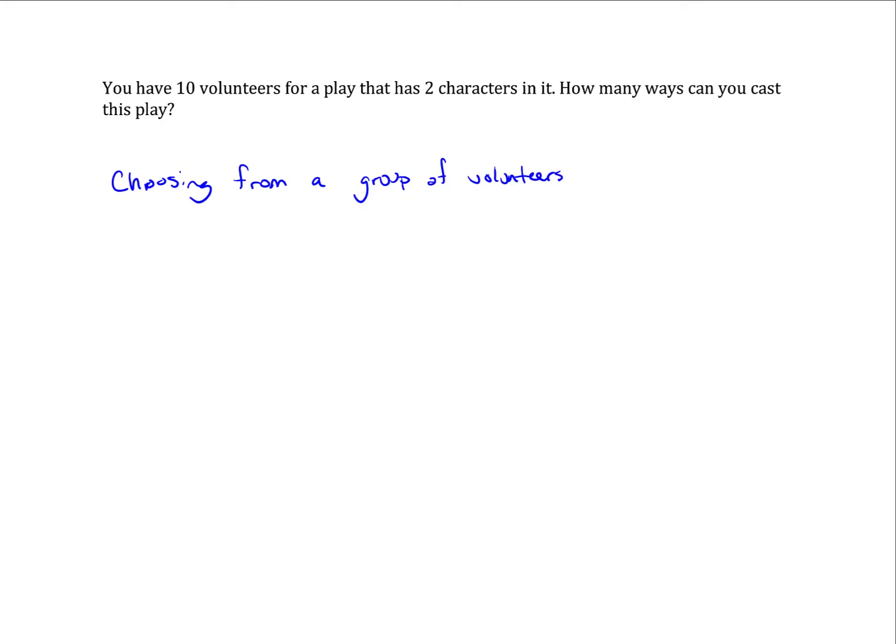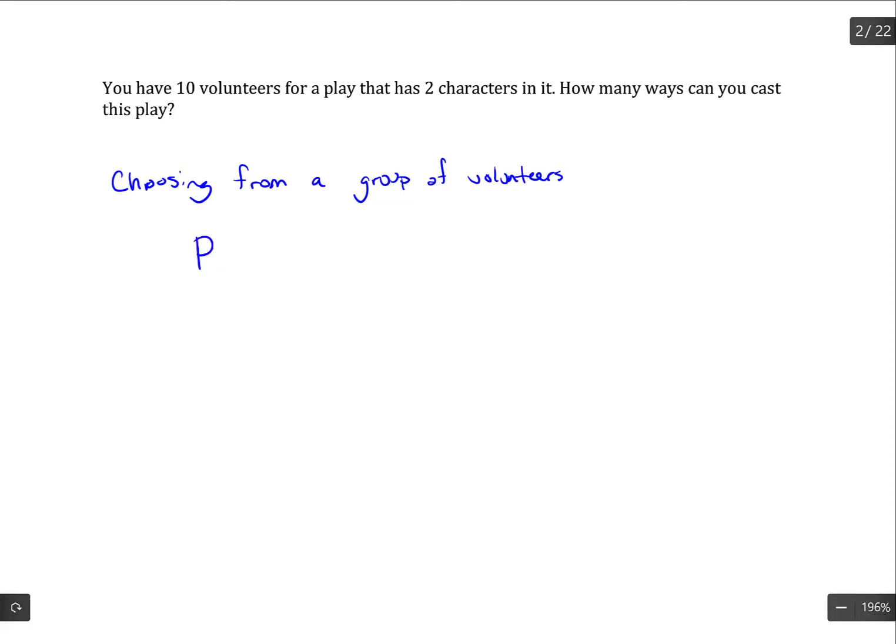Then you have some other sub roles. We have different roles in the play. So each person, when they get cast, is assigned a role. So order is going to be important, which means this is a permutation.